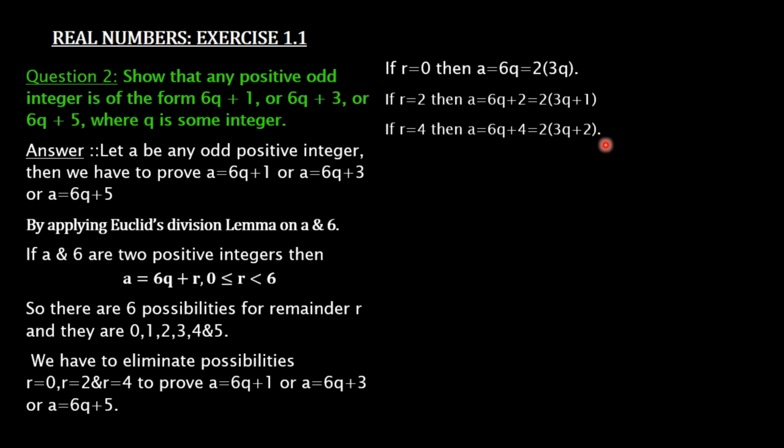So these are the three possibilities when r equal to 0, 2 and 4, and by observing these three values of a, we can see that they are multiples of 2. What is the problem with multiples of 2 and positive odd integers? Every multiple of 2 is an even integer. So these possibilities show that a is an even integer if r equal to 0, 2, 4.